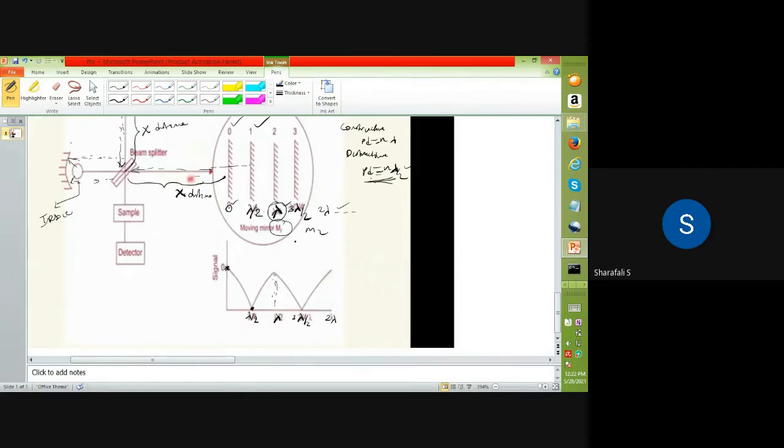Then at 3 lambda by 2, we again have destructive interference, and that continues.